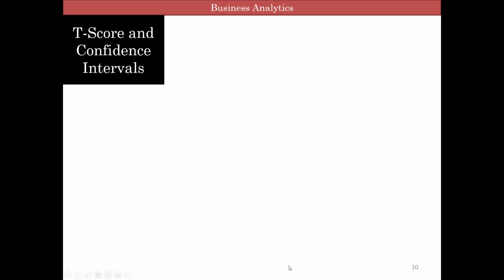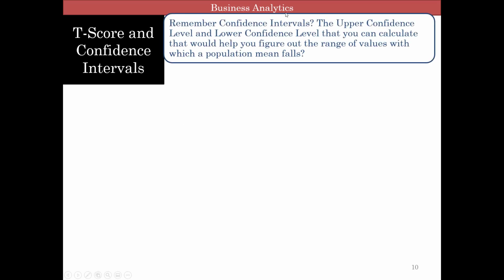Now remember, in the last video we talked about confidence intervals, and we talked about z-scores, we talked about binomial distributions, but we never showed how to do a confidence interval with t-scores. So let's talk about, if we do take a sample and we don't know the population standard deviation, how are we going to build confidence intervals?